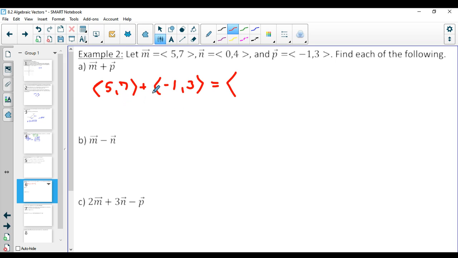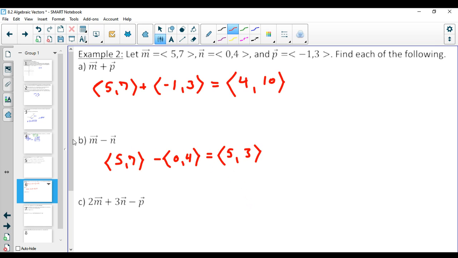It's very easy: 5 plus -1 is 4, and 7 plus 3 is 10. Then m minus n: m is (5, 7), n is (0, 4). 5 minus 0 is 5, and 7 minus 4 is 3. All right, not too bad.